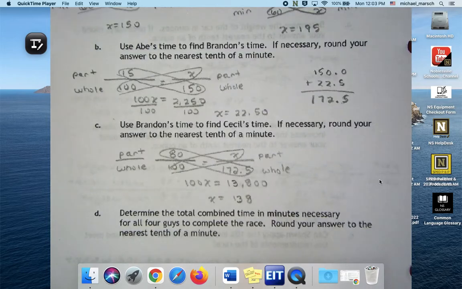And my last step, I just need to figure out how long it took all four of them to finish. What am I going to do with all those minutes? Add them.